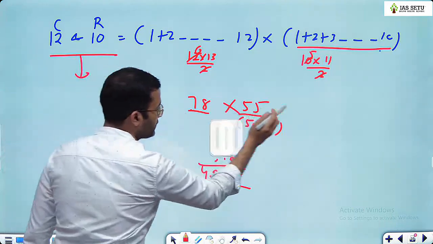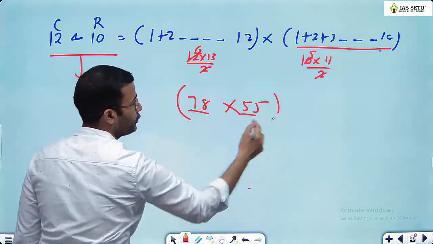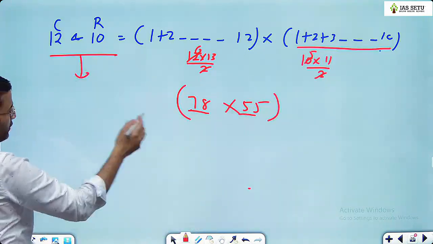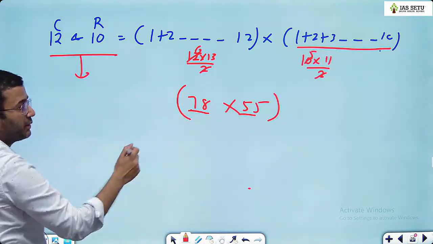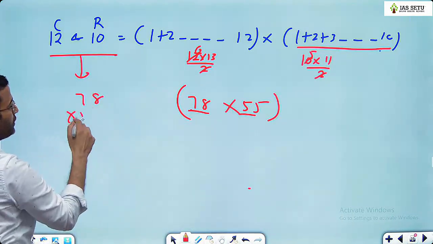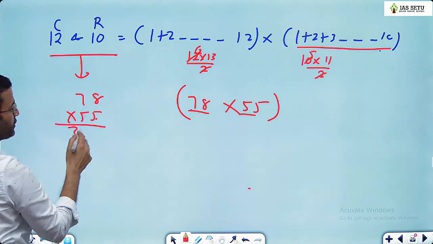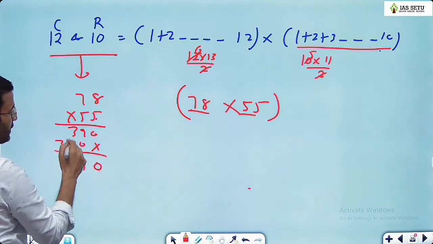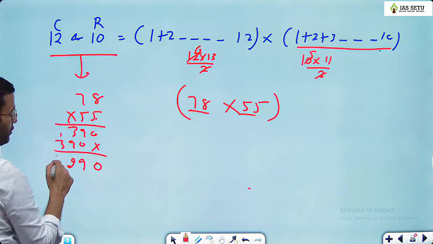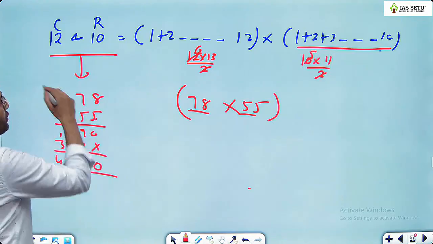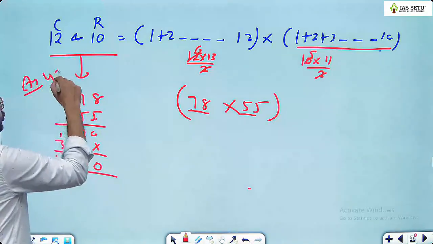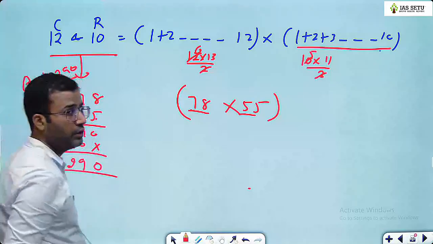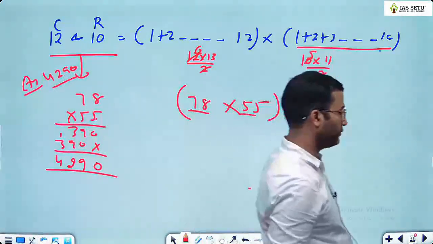Your answer is 78 into 55. If you are not comfortable with break and multiply, you can do school calculation into 55. So it is 390, 390, 0, 9, 9 plus 3, 12, 1 carry forward, 4290. Your answer is 4290 rectangles will be there.